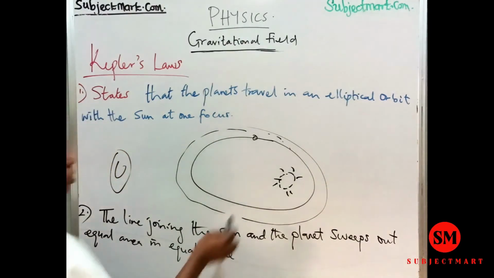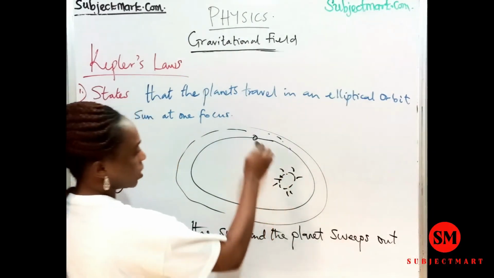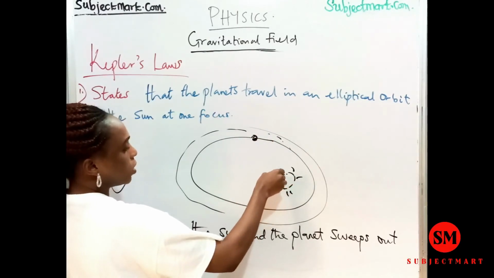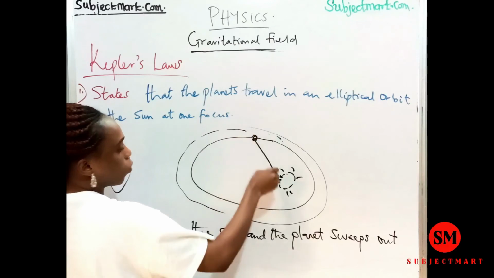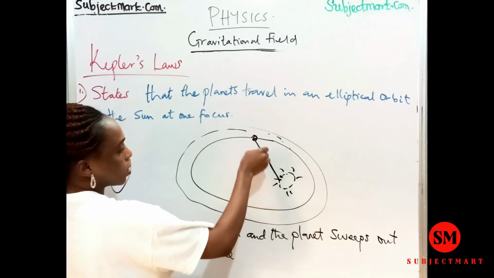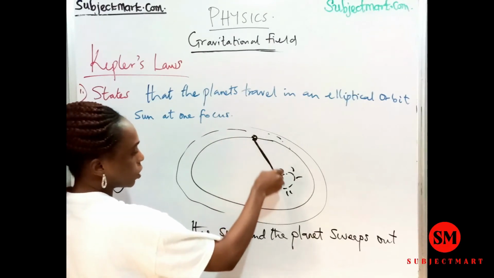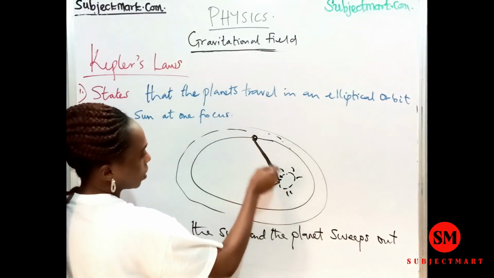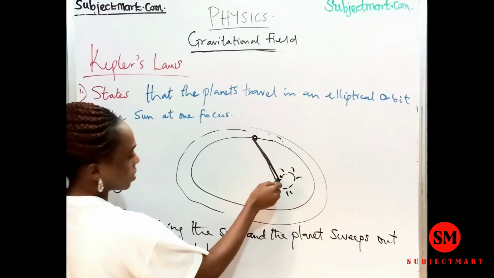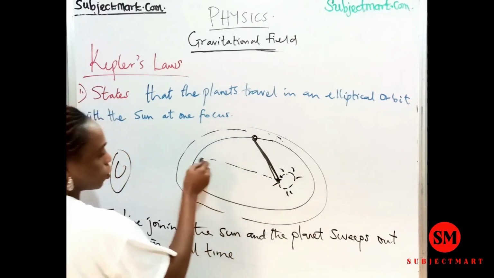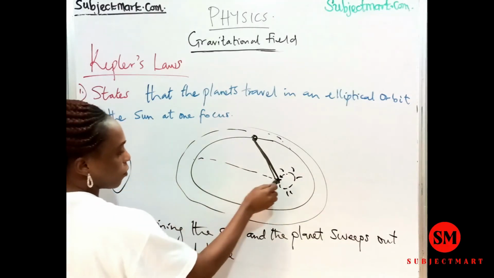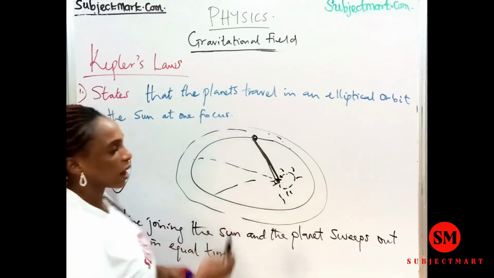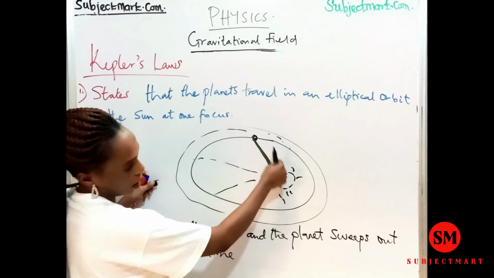What that means is that, let's say this is the sun and this is one of the planets. The line joining this, when it's this line, what I will have here, the distance from here to here will be the same distance if I take it from here to here, or if I take it this way. It seems like it should be shorter.